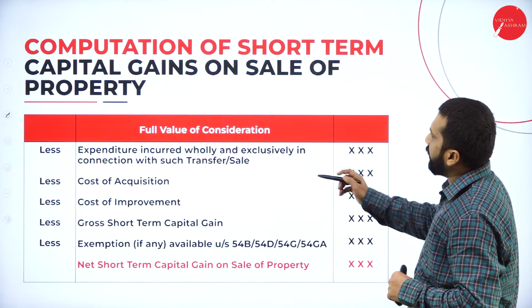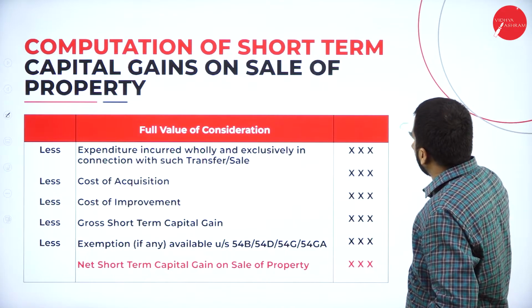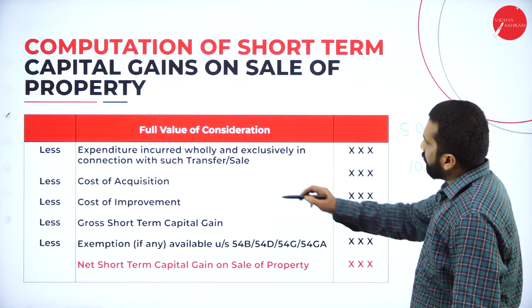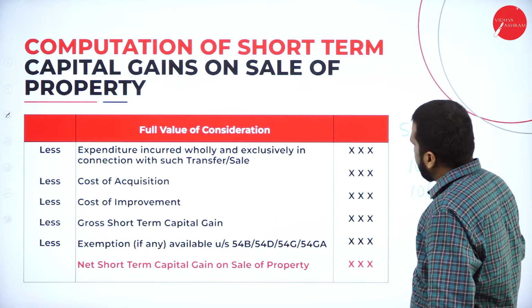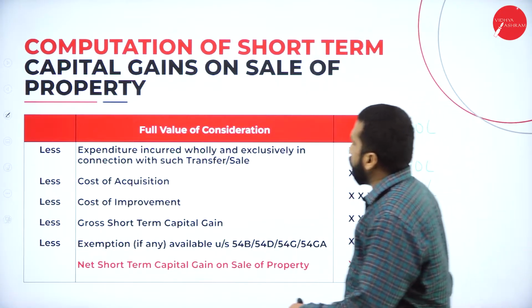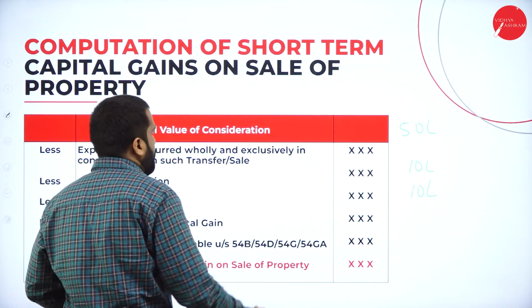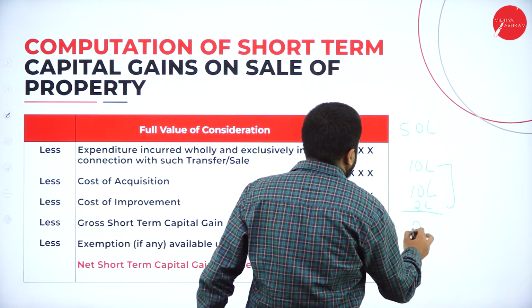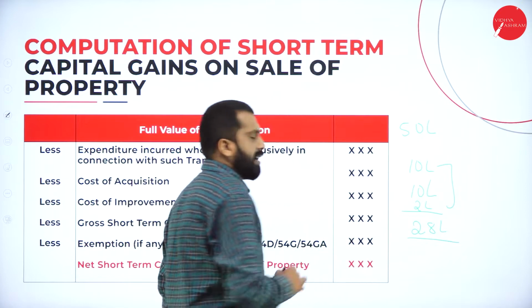Like the same example: your sale consideration is 50 lakh, your cost is 10 lakh, cost of improvement another 10 lakh, and gross short-term capital gain along with anything if you spend, you consider 22 lakh. Your answer is 28 lakh.